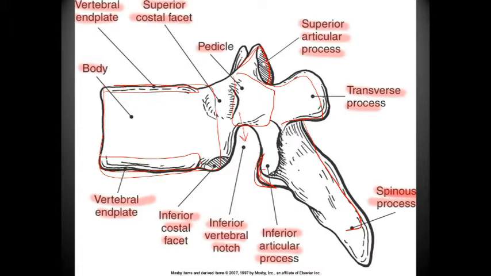Also, we have the inferior costal facet and a superior costal facet, and that is what we have for articulations for the ribs, if this is a thoracic vertebrae, which is articulating the thoracic rib.